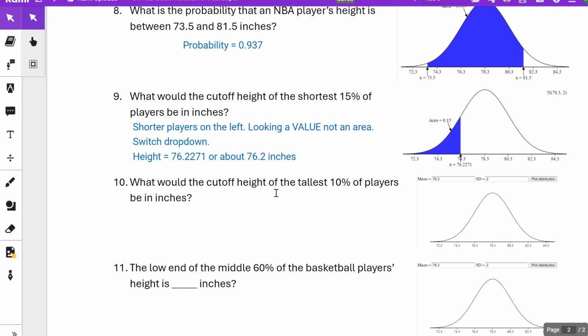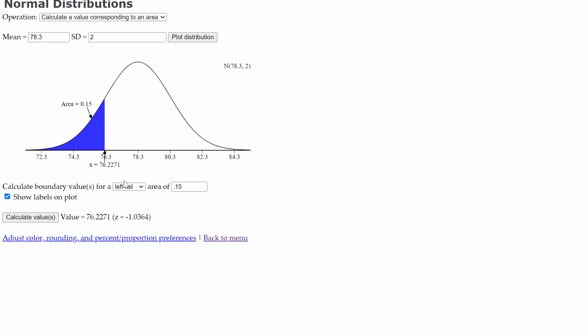So what would the cutoff height for the tallest players be? The tallest players are on the right. So in this top 10%, we're going to go right tail 10%. Calculate value, and you can see that.